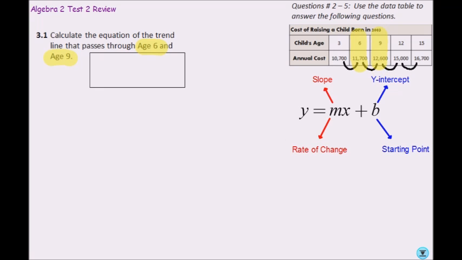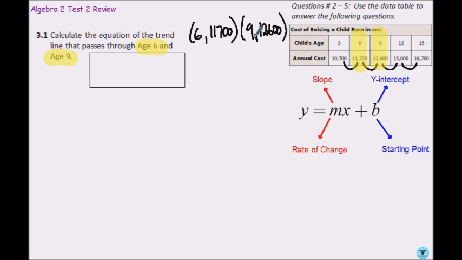So our 2 ordered pairs are going to be (6, 11,700) and (9, 12,600). What we're saying is that if we want to know how much it changes by, we're going to compare these 2 numbers. How did it change from when the kid was 6 to when the kid's 9?